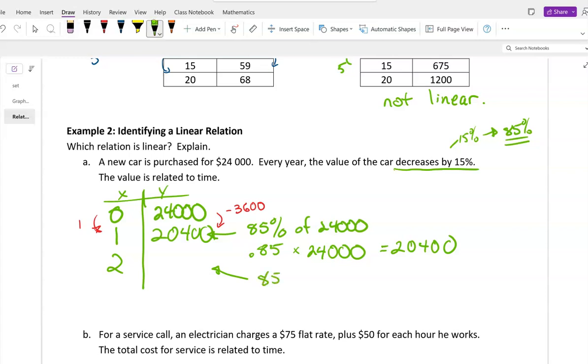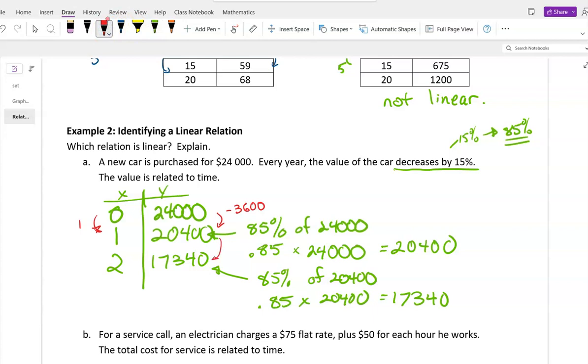Because if I now take 85% of 20,400, what does that give me? This is 0.85 times 20,400, and that gives me 17,340. And if you subtract those amounts, you find out that it's 3,060.